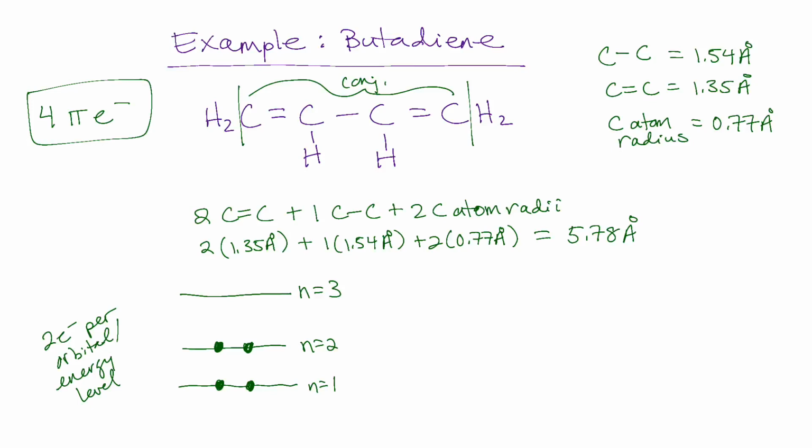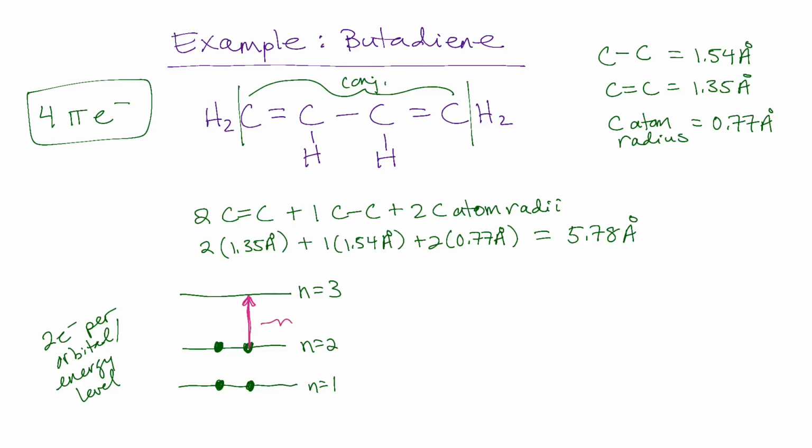Now we're going to ask ourselves, what's going to happen when we excite an electron here? We're just going to look at one electron transition, which is going to be our most significant contribution to the UV-Vis spectrum. We're just going to go one energy level up. Let me change my color here. We're going to take one electron and excite it by shining some light in there.